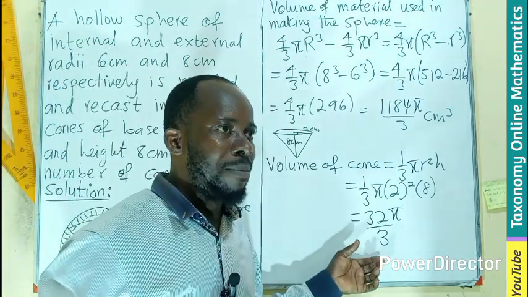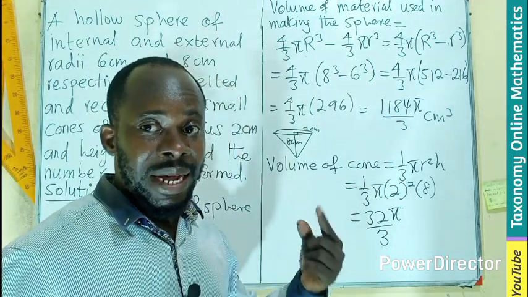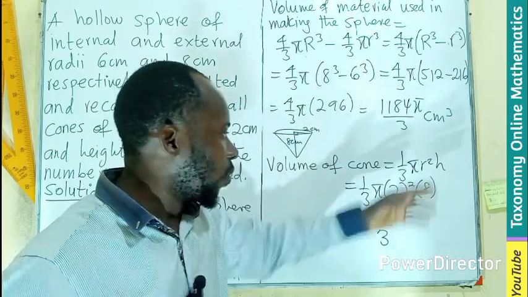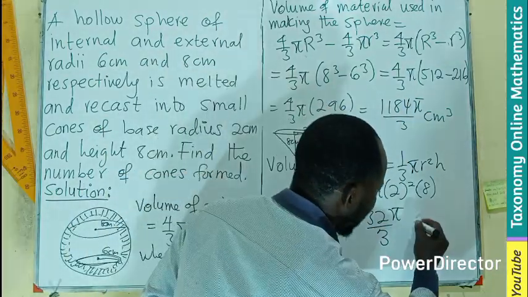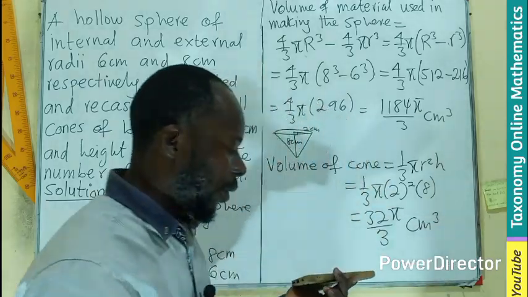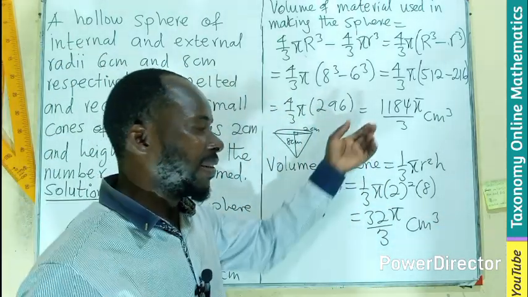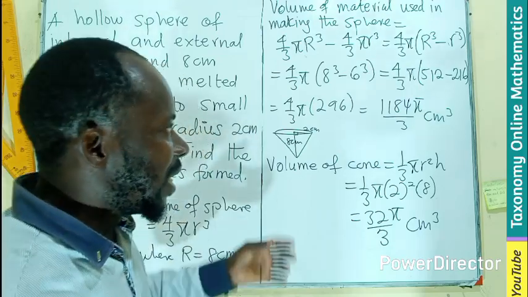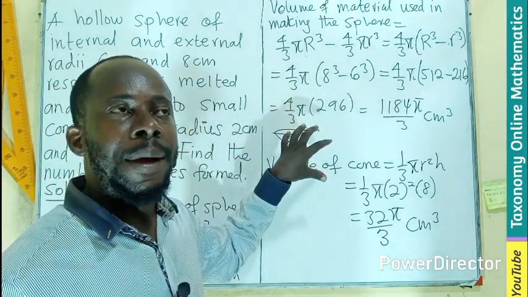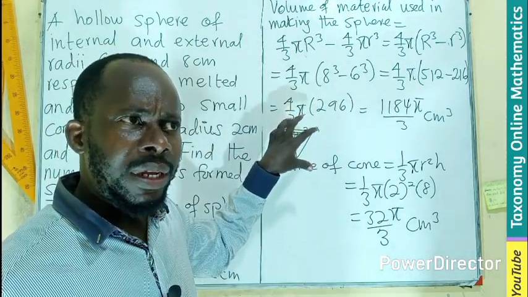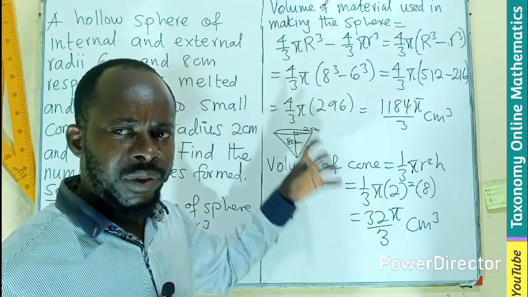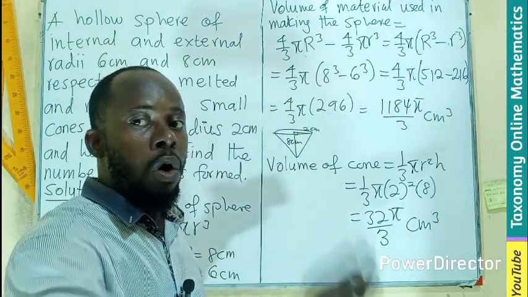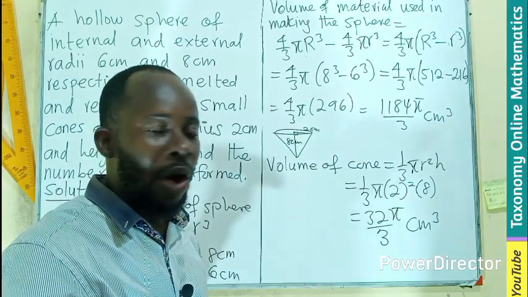Now that we know the volume of 1, then it means that I am dividing this in terms of volume by volume. This is also going to be centimeter cube. So I'm dividing this by what? This. Or in the actual sense, the volume of material used in making the sphere is equal to the volumes of all the cones that I will be making.